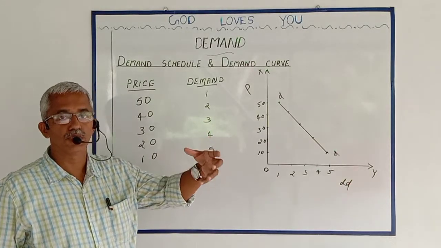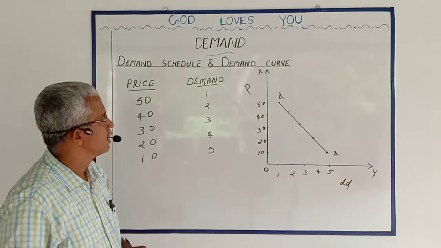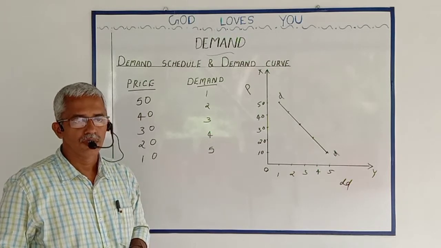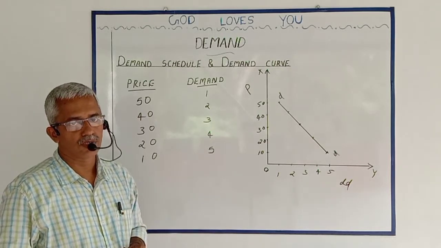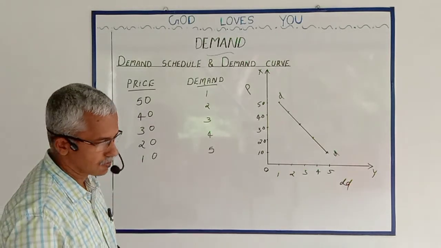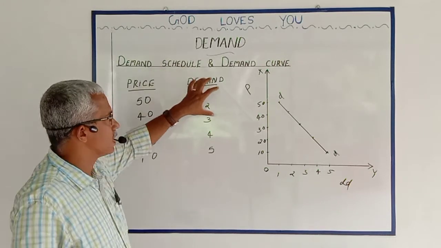When we send it to you, it will consume more data. That's why I have already written all these things on my board. So during the class, you have to go through the more detailed explanation. Here we have to explain what we mean by demand schedule and demand curve.